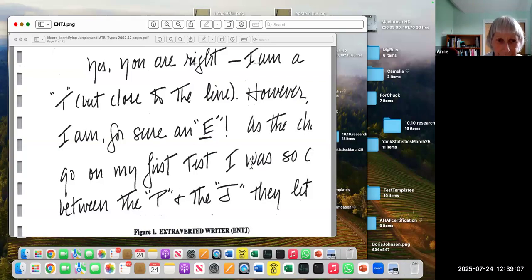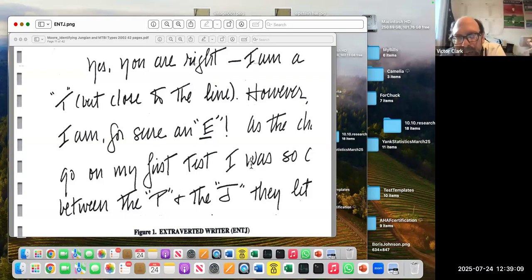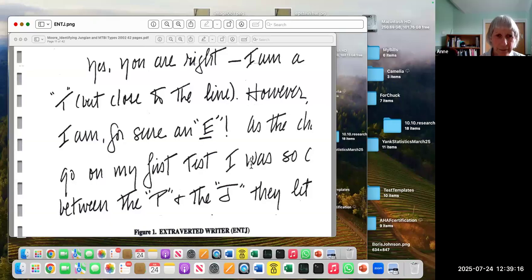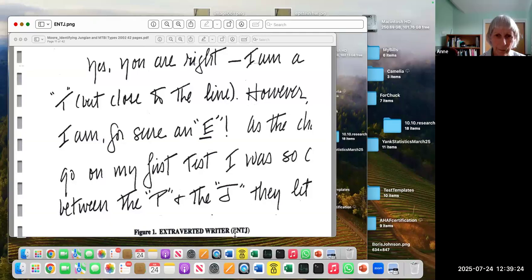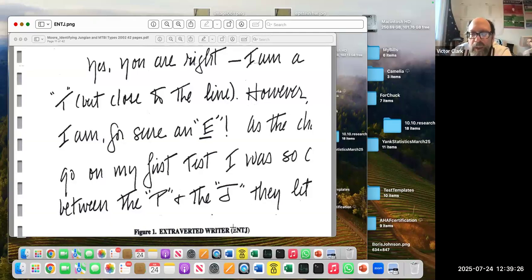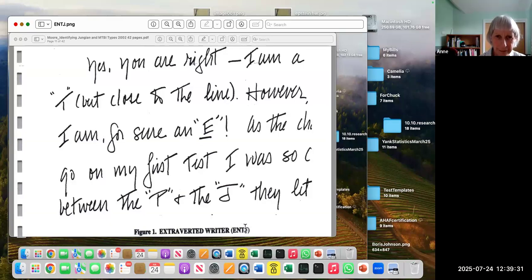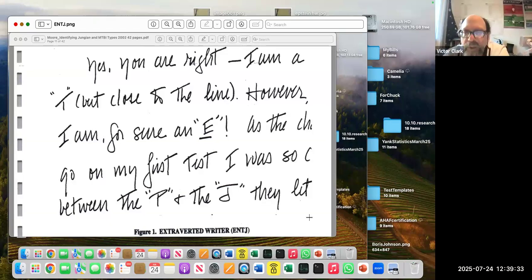So if it's regular writing, which it does look pretty regular, so the thinking is extroverted, and the sensing, therefore, would be introverted. And so it would be ESTJ.